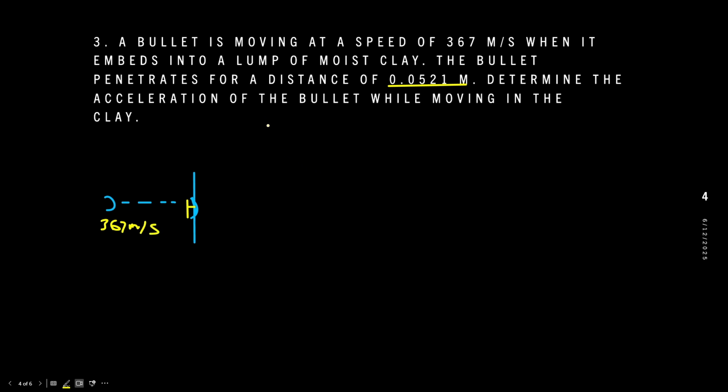Now we could write our chart for it, so G and W, and then we know the initial velocity is 367 meters per second. Its final velocity is 0 meters per second.